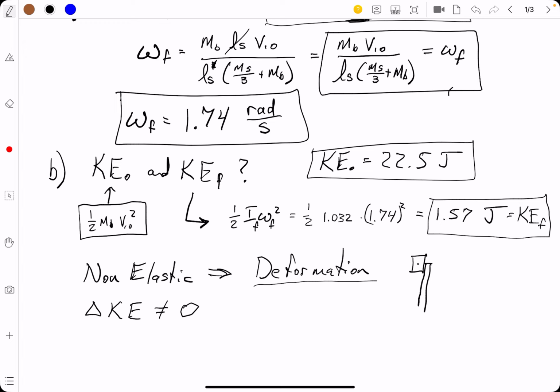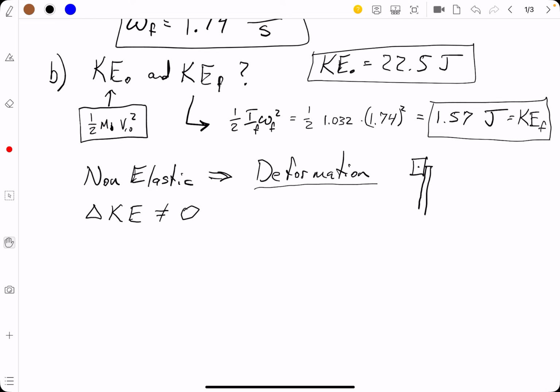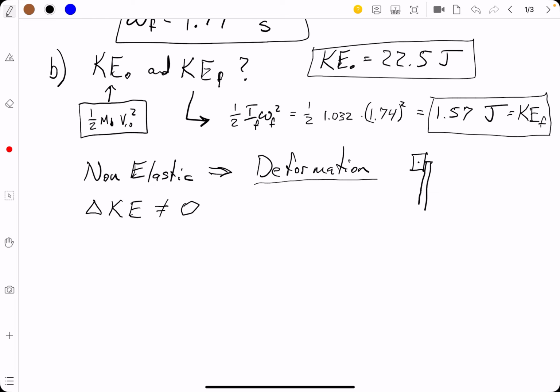Part C. Let's do part C. Part C. What is the total linear momentum before and after the collision?